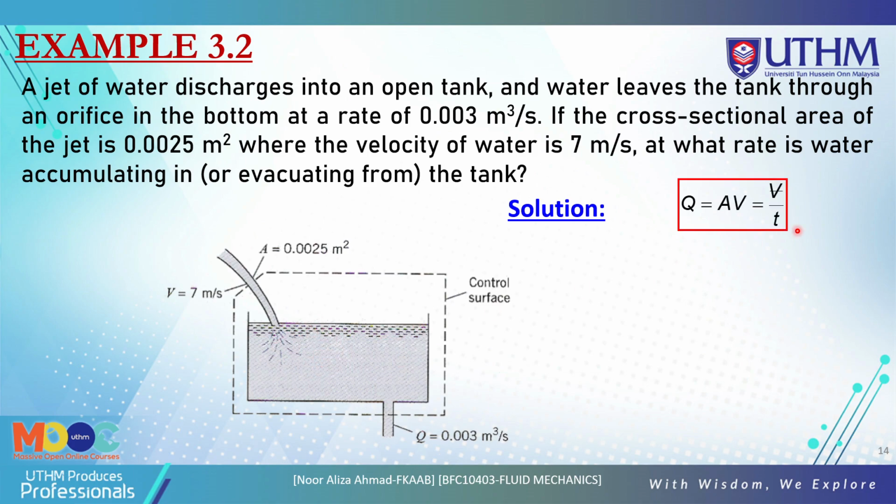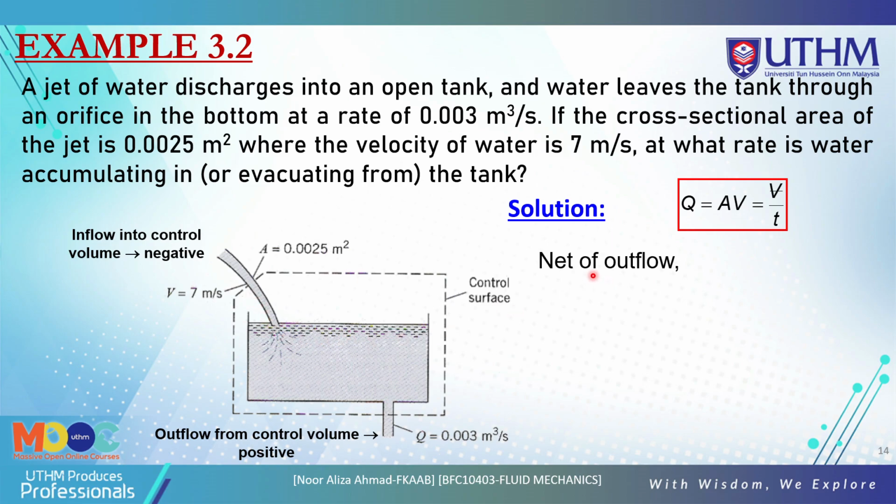Now the solution: we know that Q is equal to AV. This is inflow into the control volume and this is outflow from the control volume, so the outflow is positive and the inflow is negative, giving the net outflow.